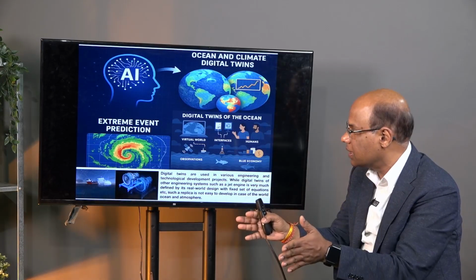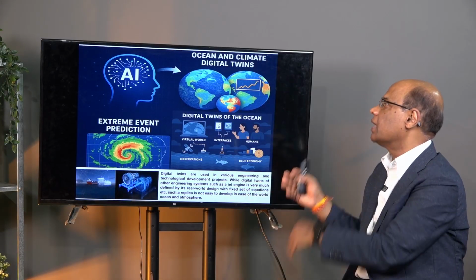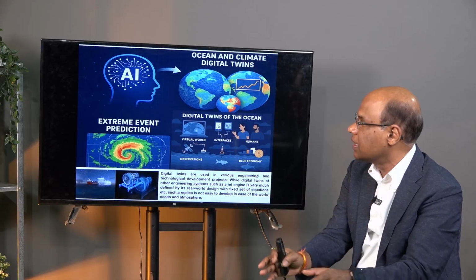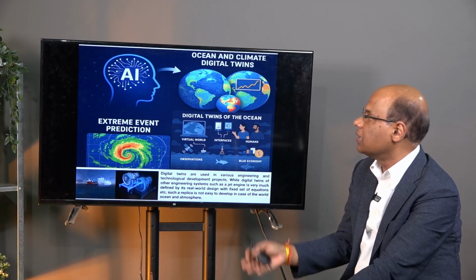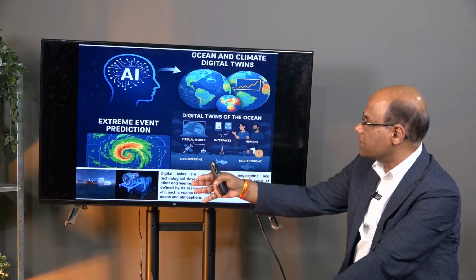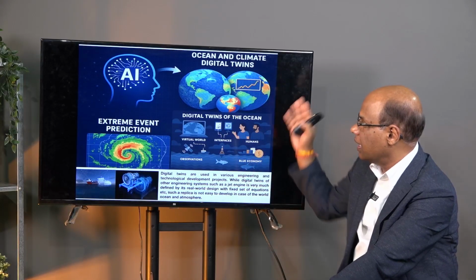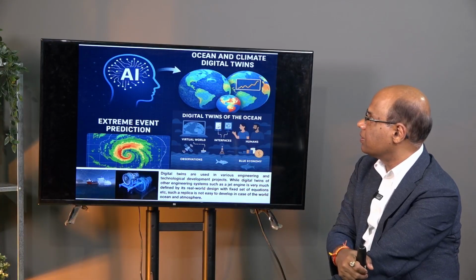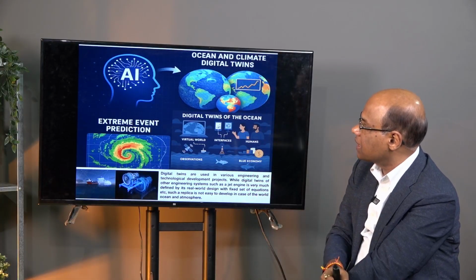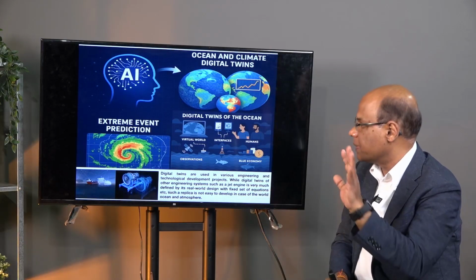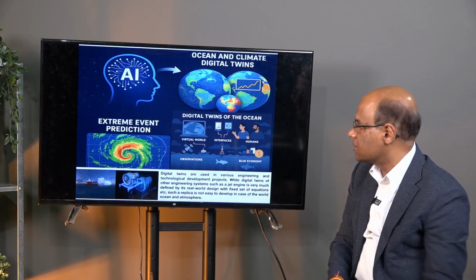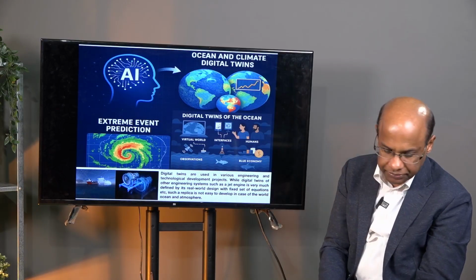Predicting something is one thing, but developing information out of that is another thing. So, we need AI both for predictions as well as for creating information that will be useful for society. By combining observation, model, and AI, we plan to develop digital twins with smart interfaces, which can be used by both specialist researchers as well as the general public for various societal applications.